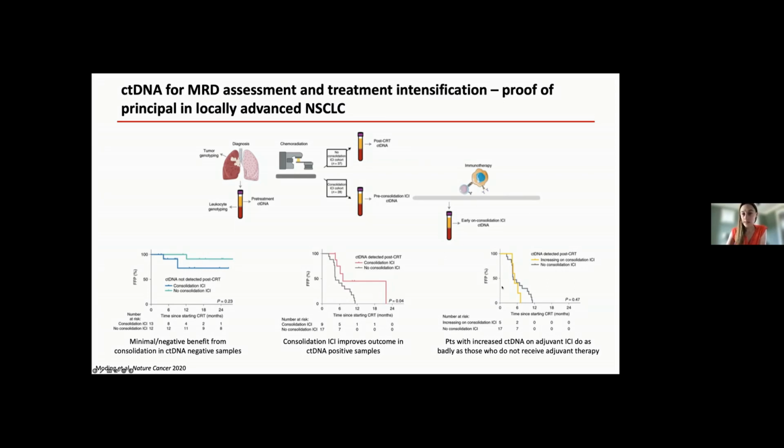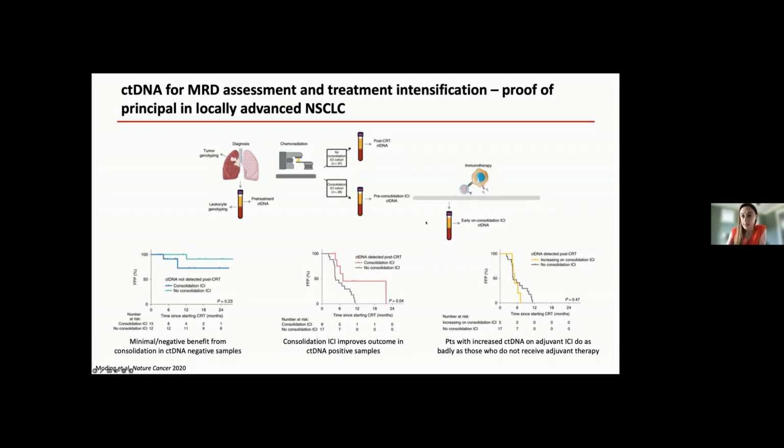And what they found is that in patients where the ctDNA levels were going up, there was no benefit to immunotherapy, consistent with the idea that these are patients who are not responding to immunotherapy and have no incremental benefit from getting that treatment versus not. So this was a very important proof of principle paper in an earlier stage setting.